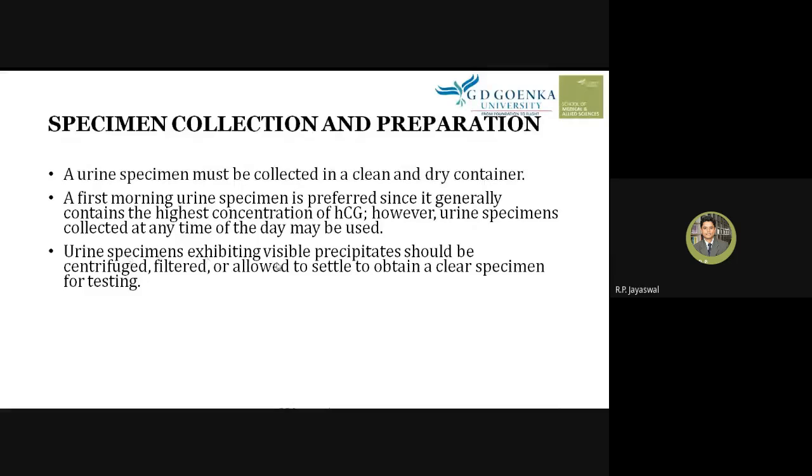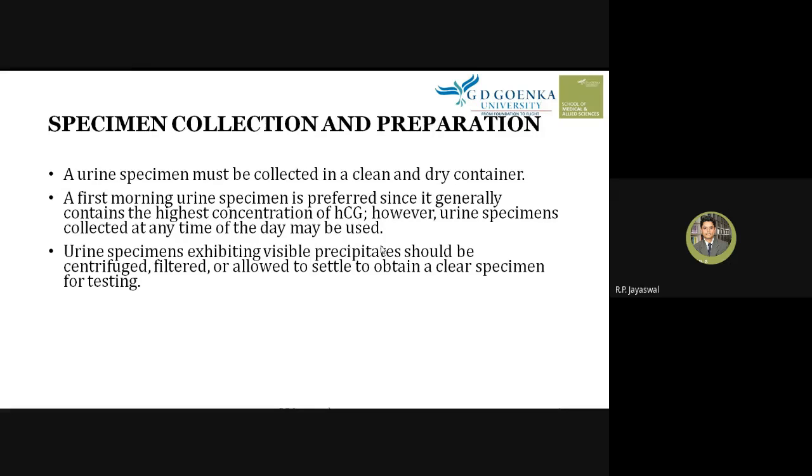Urine specimens exhibiting visible precipitates should be centrifuged, filtered, or allowed to settle to obtain a clear specimen for testing. Sometimes a female may have an infection in the urinary tract, and because of the urinary tract infection, the urine may show turbidity or some precipitates.